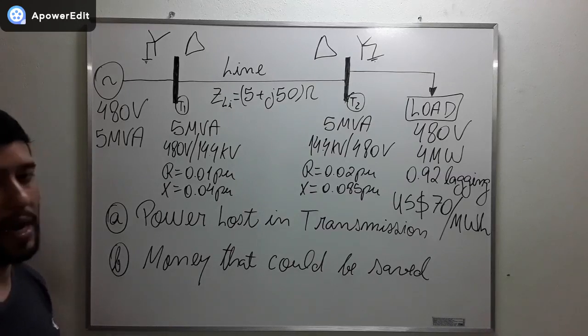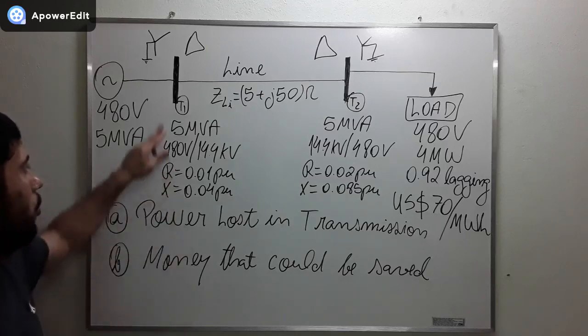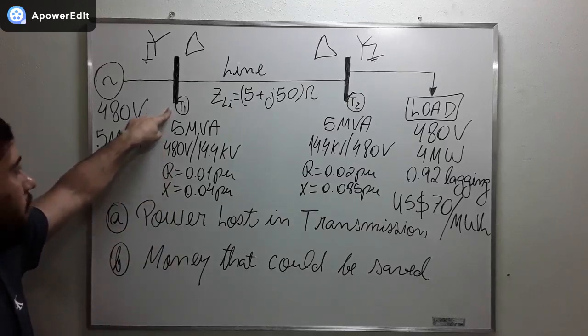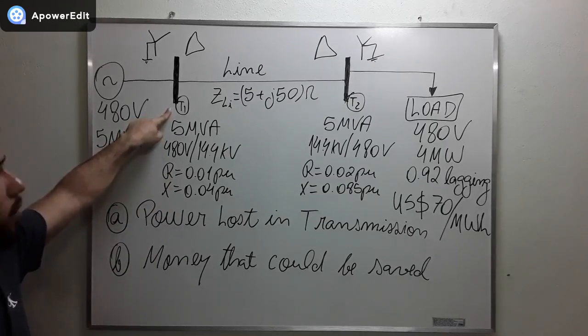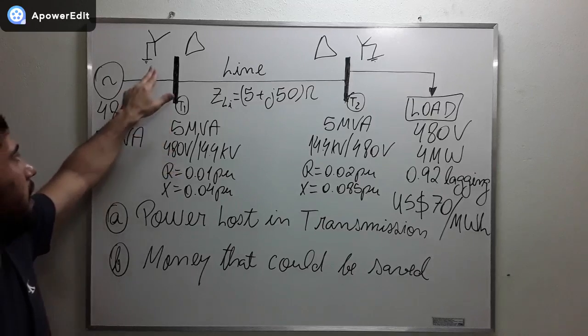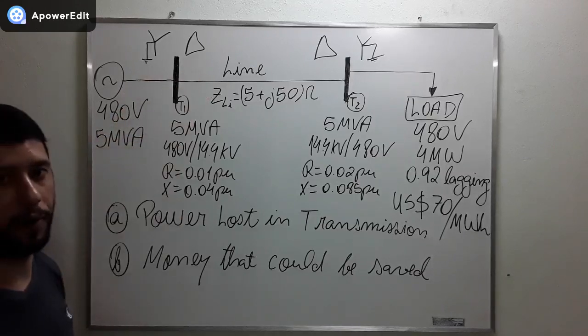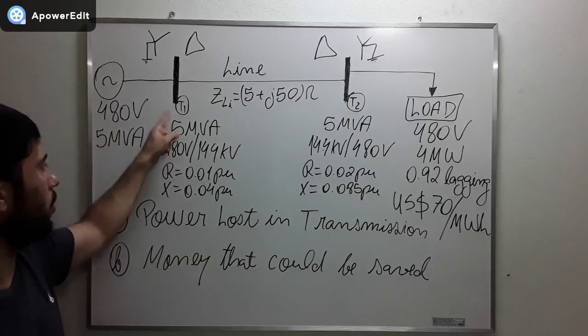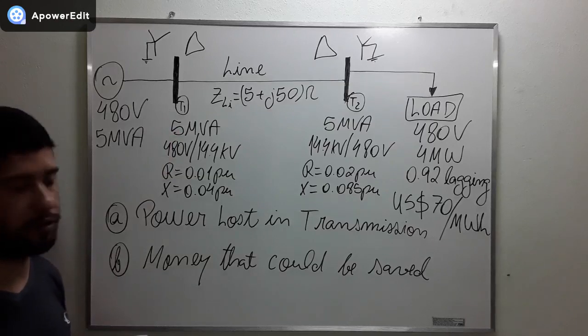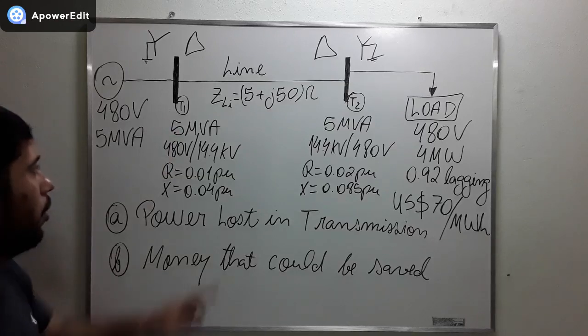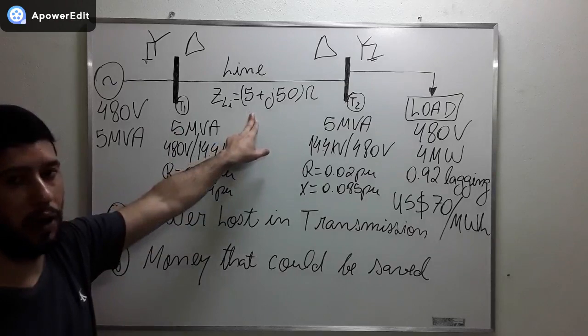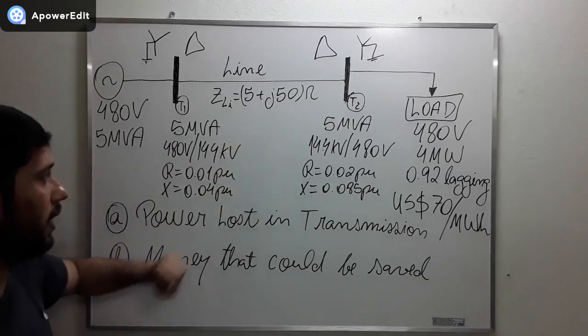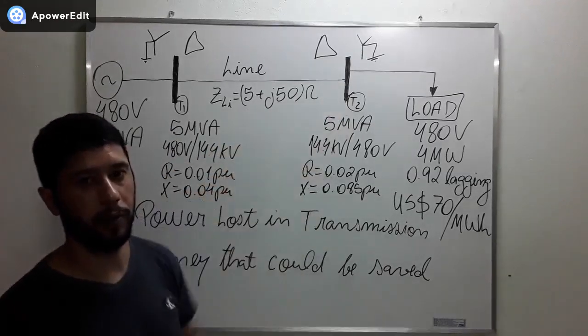Okay, where is power going to be lost? We're going to lose power in substation number 1, in transformer number 1, a Y delta transformer. We're going to lose power along the transmission line, and in transformer number 2.